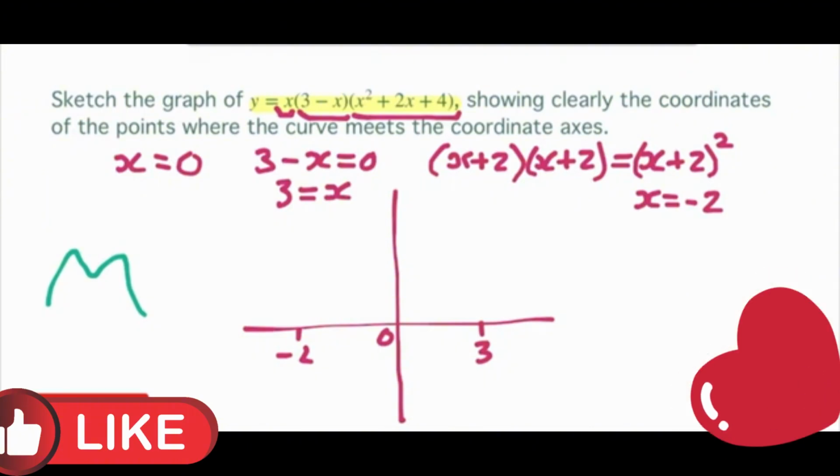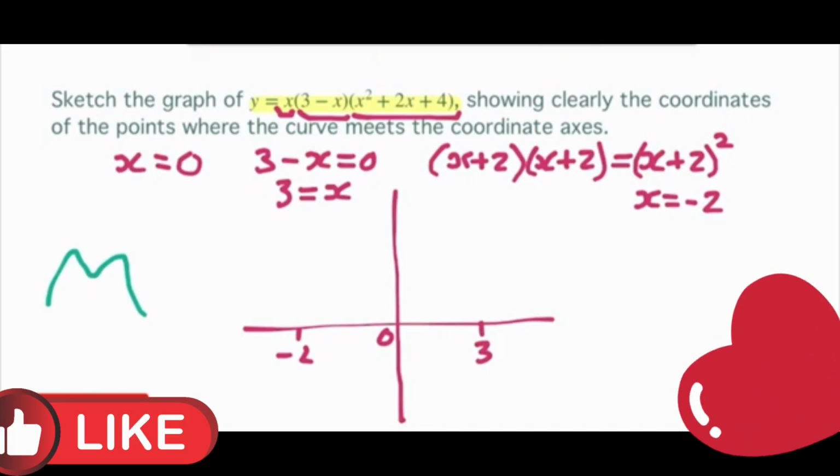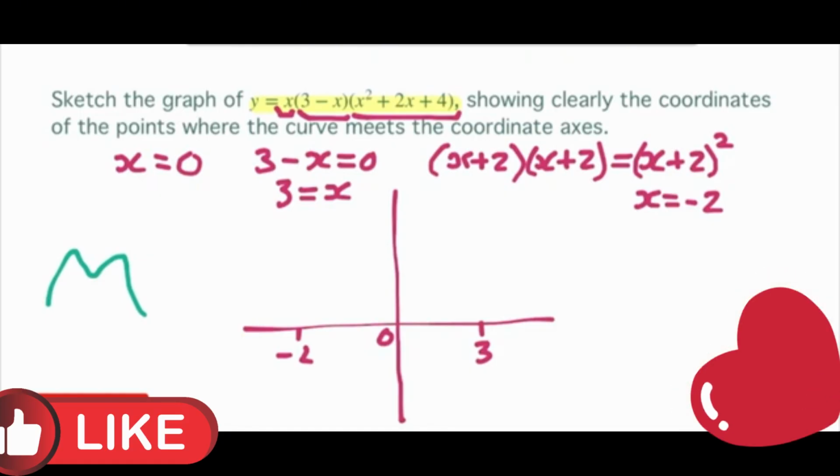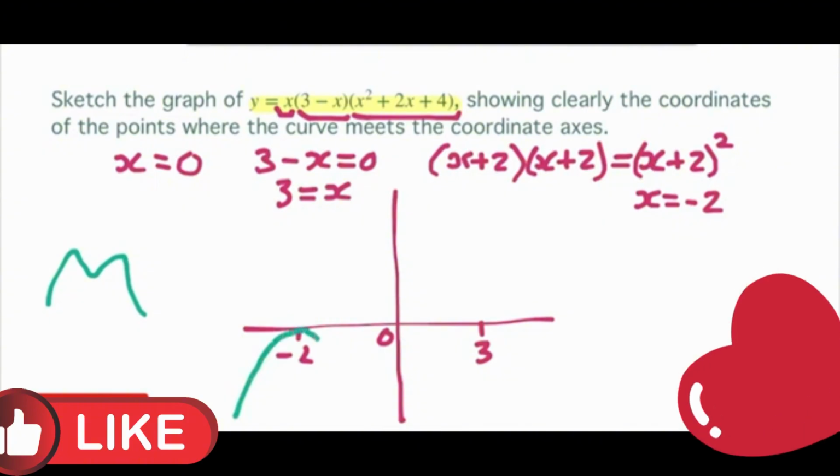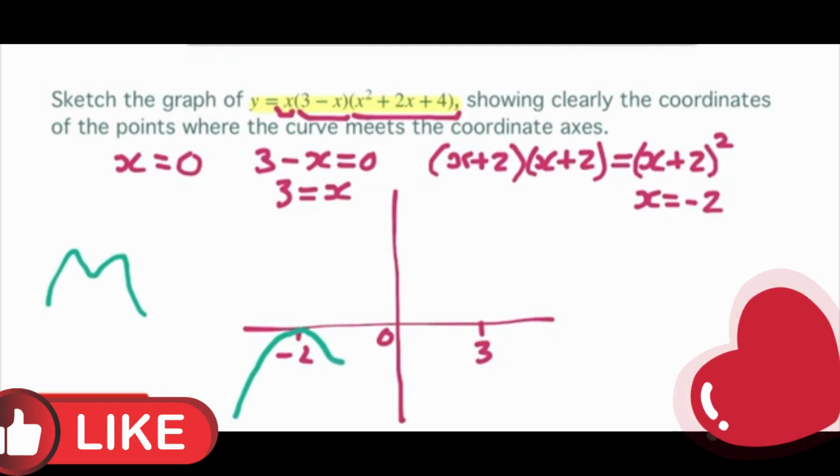So for this particular one here, when we draw this one on, the first thing that you're going to notice when we go up is that straight away we have that repeated root. So as we come up to the negative 2, it's going to bounce off the axes. It's then going to go up through the 0, as that's our next root.